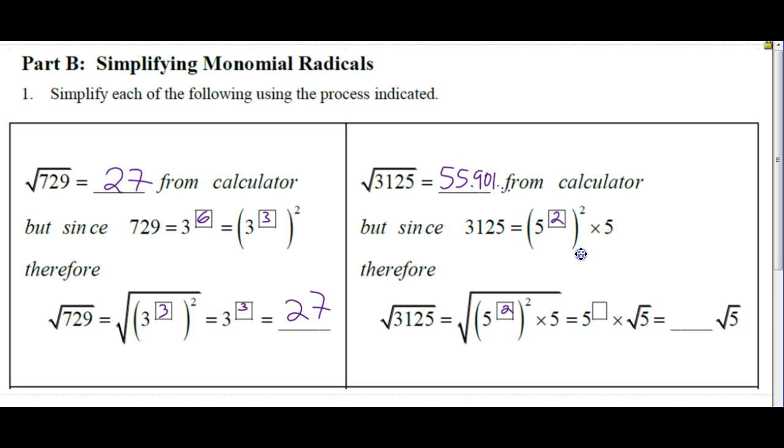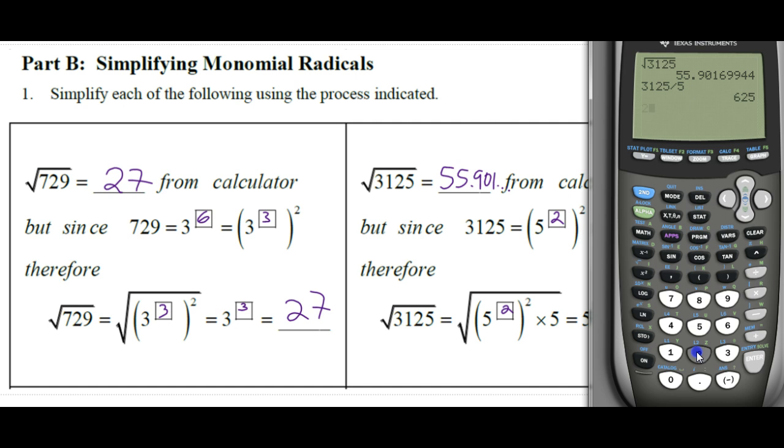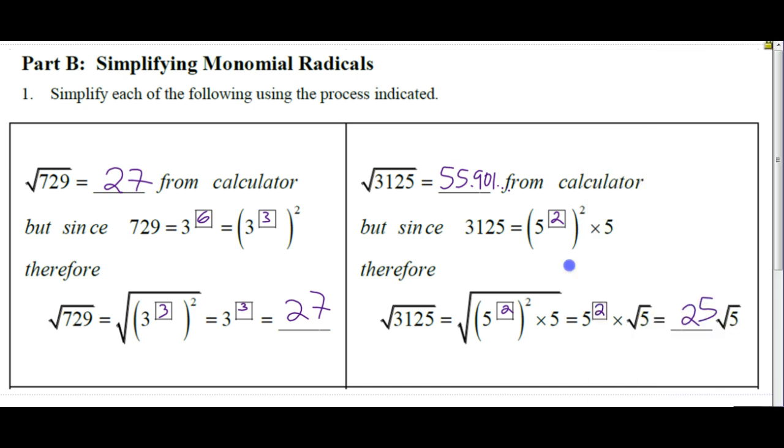Now the root of 5 squared squared times the root of 5 is equal to, well, the square root of something that's being squared is just the something, 5 squared, times root 5. So it should be 25 root 5. Okay, and let's just go here and go 25 root 5. Same number, 55.901.